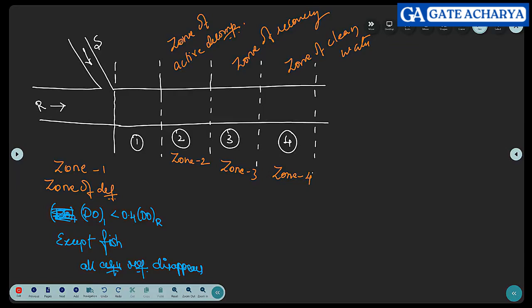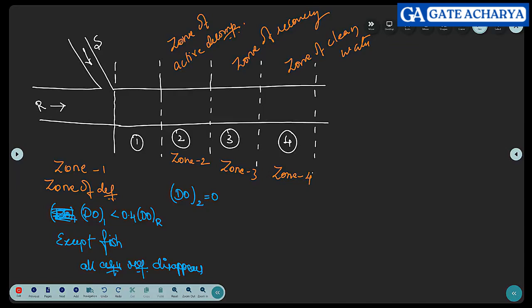In zone 2, the actual decomposition starts. Settling, sedimentation, decomposition, oxidation and reduction all happen in zone 2. What happens in zone 2? The DO in zone 2 is always equal to 0.